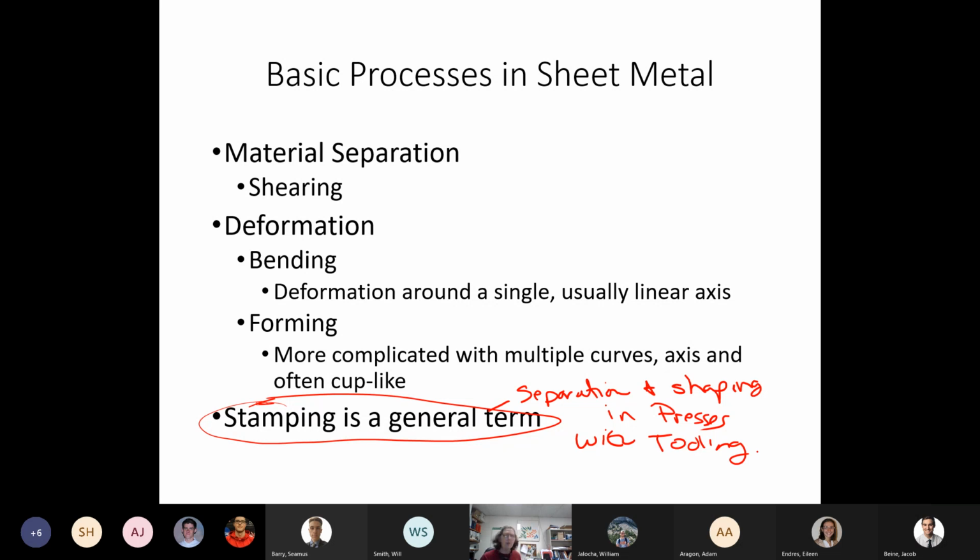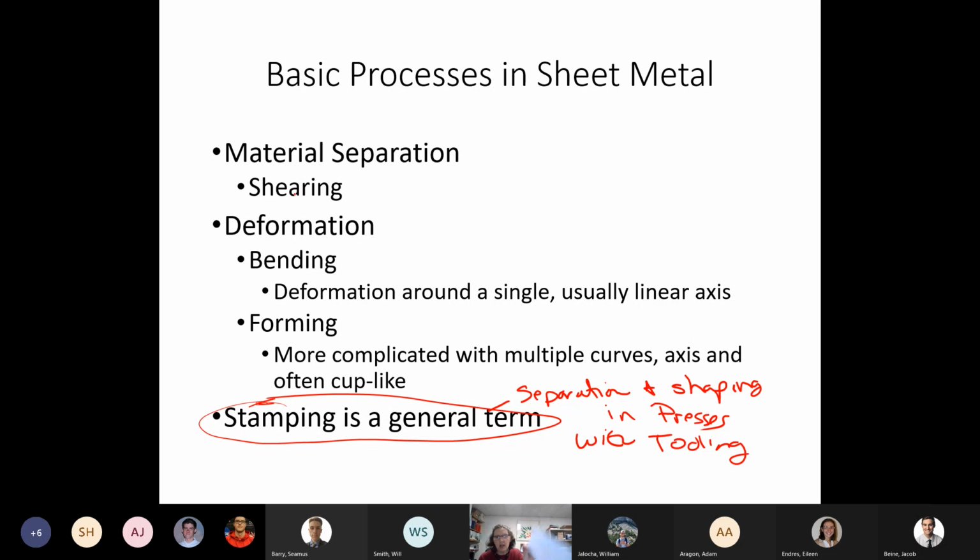That's a lot of times when we say stamping, this is something that's going to be happening in presses. So we're first going to talk about material separation, which is shearing.